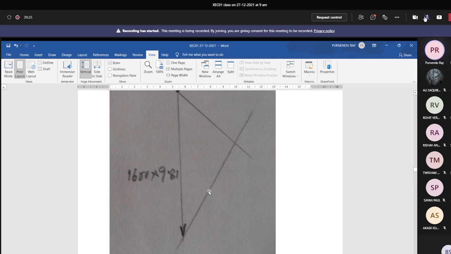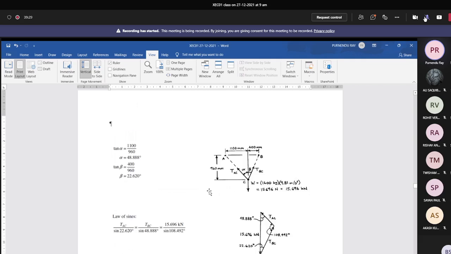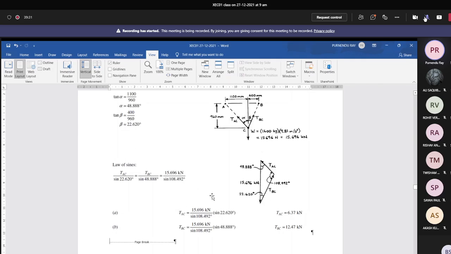Even if we do not do that, we are not going to measure this length directly. Somehow we represent two lines and note down these calculated angle values there, and now you utilize the law of sines. Therefrom we find the relation for the tension developed in the member AC and that in the member BC.